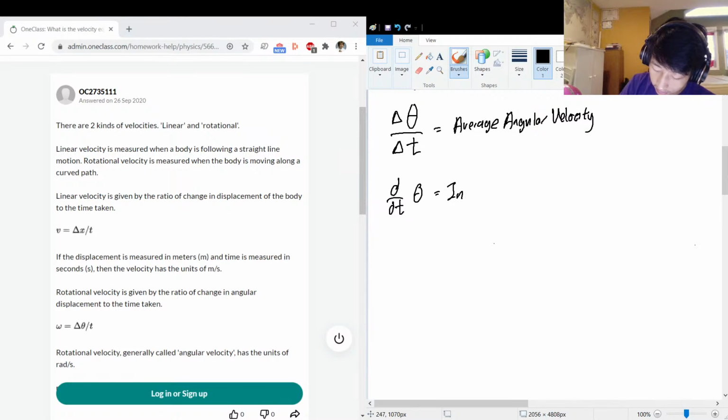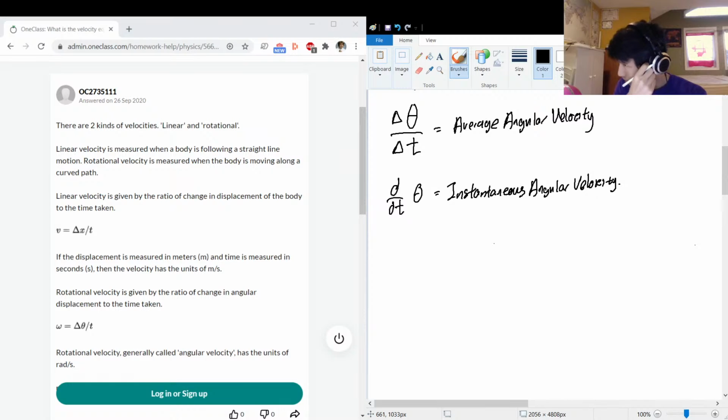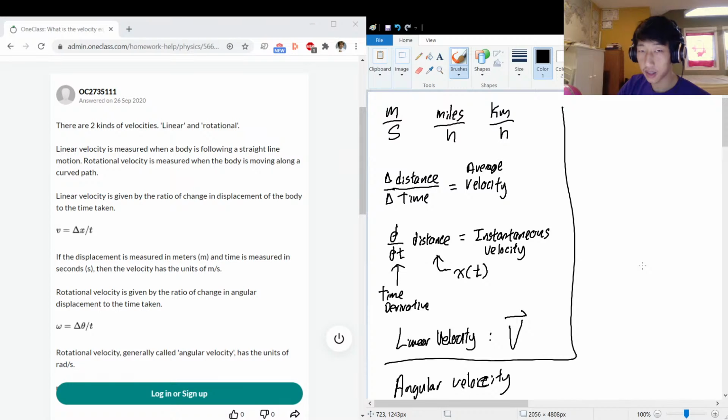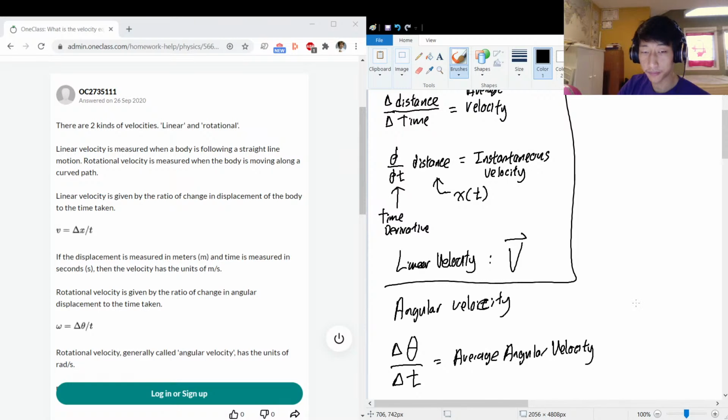This would be instantaneous angular velocity. Our instantaneous and our average are very similar in terms of how they are processed for angular as well as linear, but we just have to stay ready to do both of them, doing them with the changes or with the derivatives, depending on the situation.